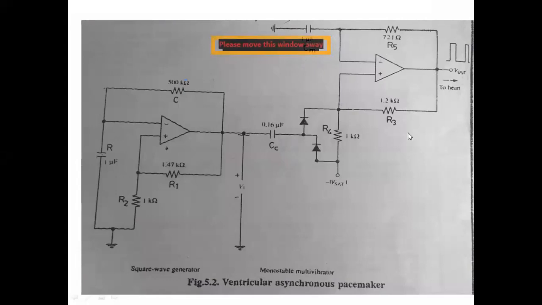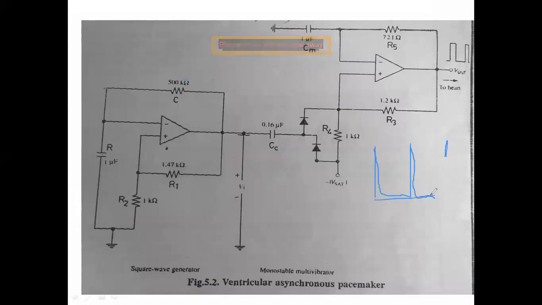So for the differentiator we will get the trigger pulses, and the positive trigger pulses will be generated.